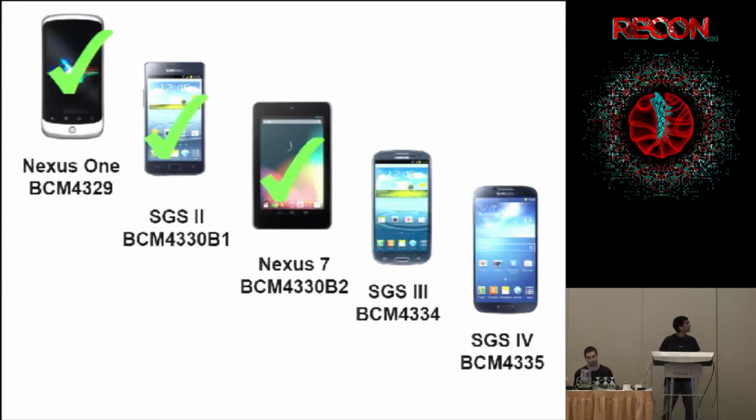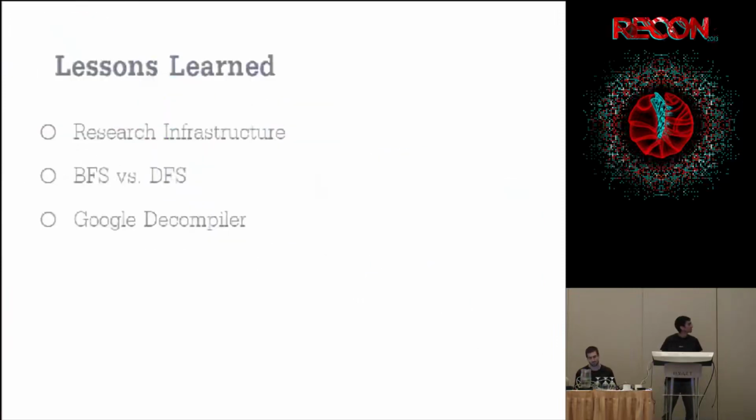We're pretty sure we're done with all these monitor mode solutions, and we wish to share the lessons we learned along the way, because this is what these conferences are about. So the first lesson we learned is that the research infrastructure matters.